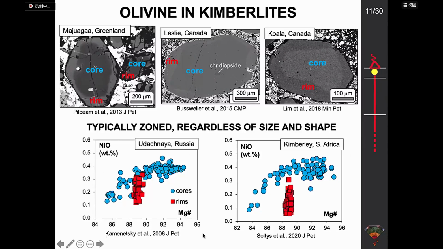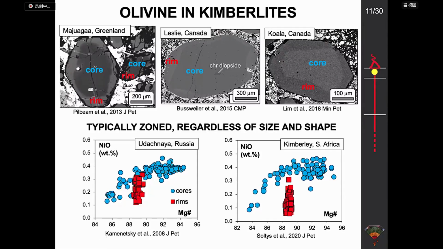These are two different localities, Udachnaya in Russia and Kimberley in South Africa. You can clearly see that the cores show quite variable composition, especially in terms of magnesium number, whereas the rims, and this is typical for kimberlites all around the world, show a fairly restricted range in magnesium number, where the magnesium number is simply an indication of the magnesium over iron ratio.